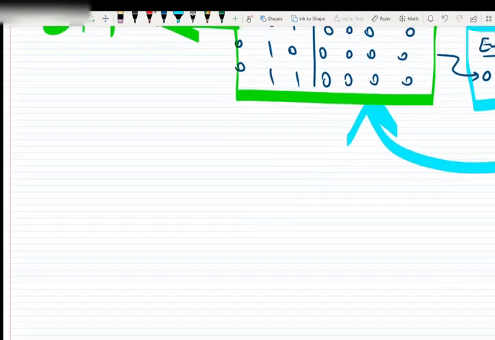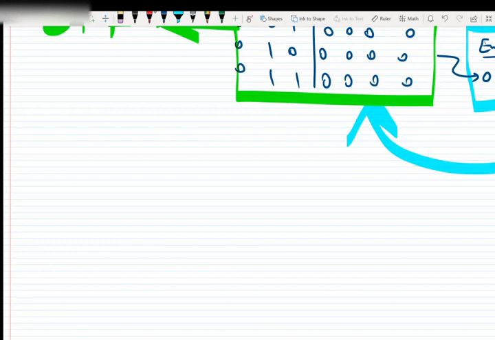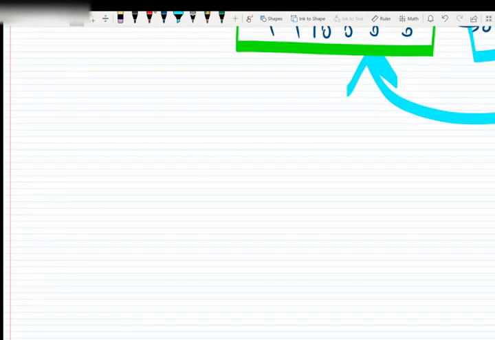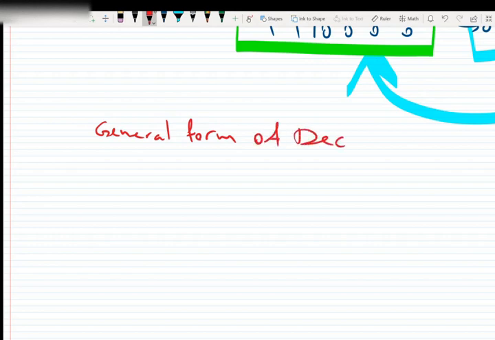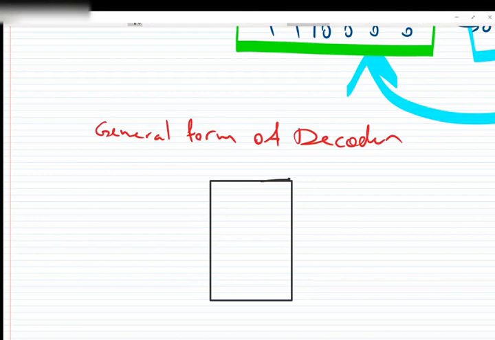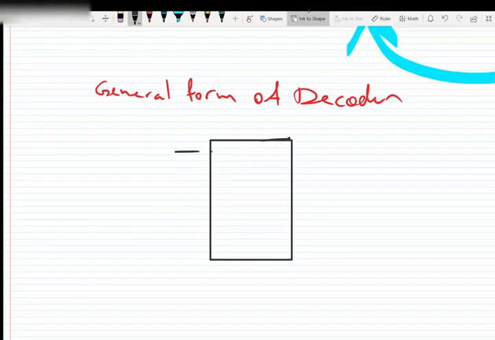In general, what we saw so far about the decoder was a 2x4 decoder, but the general form of a decoder is here. We have a decoder with inputs from W0 to Wn-1.